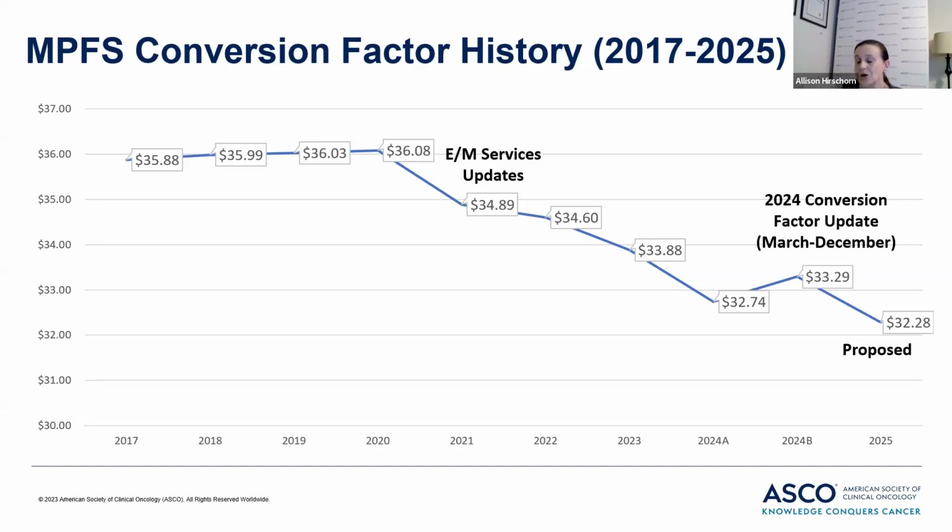Examples of that are the add-on complexity code that was implemented in 2024 and the new patient navigation services. And again, as a reminder, in 2024, they did do an increase to the conversion factor from March to December. But looking ahead to 2025, that will go down again to below the 2024 original number.